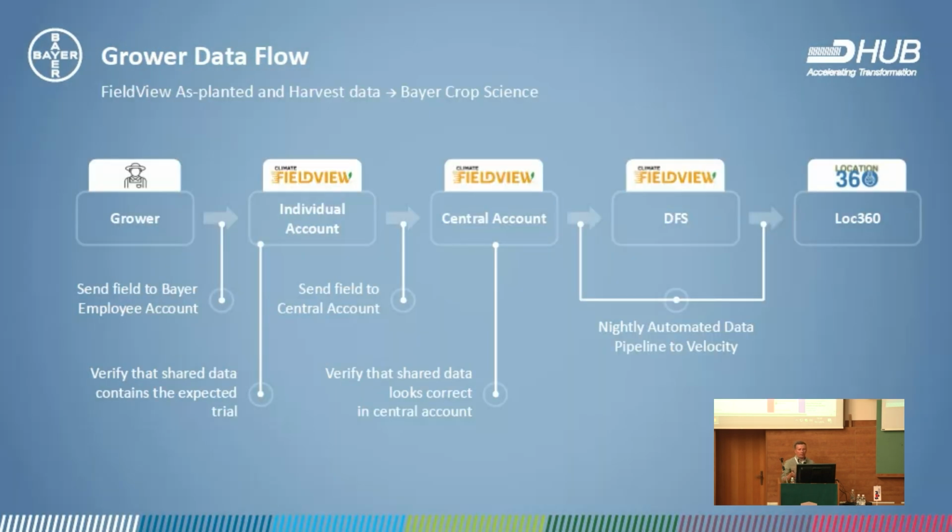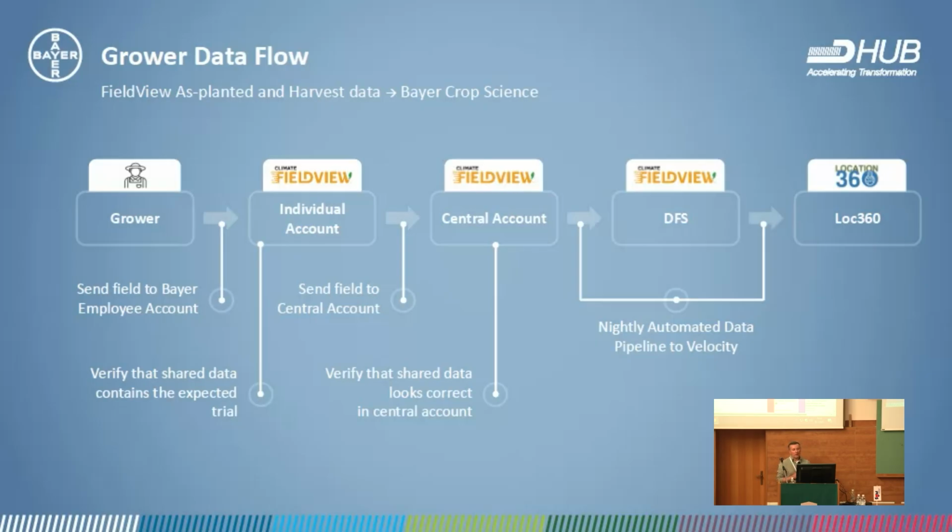Now, before we actually start to process anything, the first step in the entire workflow is the grower's job, because they deliver us the planting and the yield data. After the planting season or harvest ends, the growers send the data to our system.